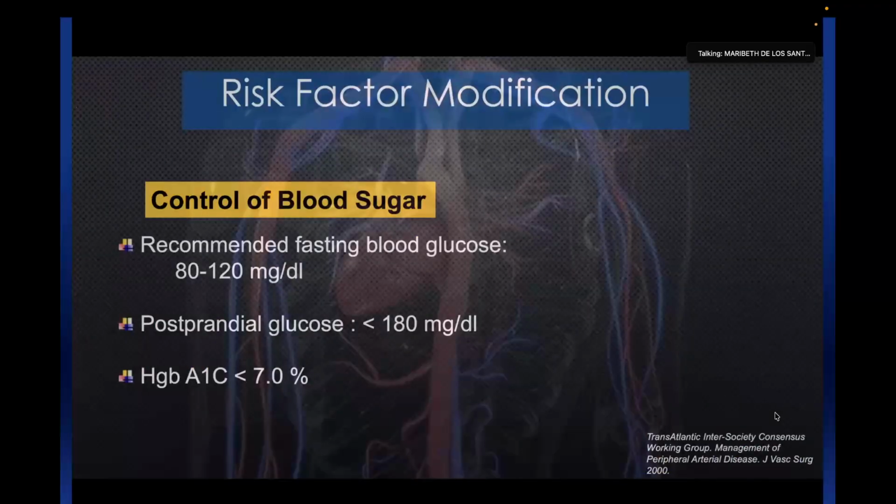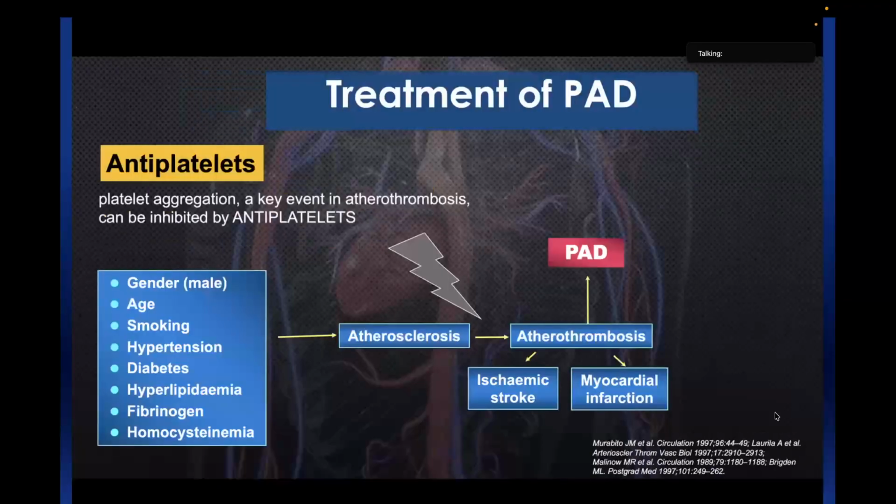For hemoglobin A1C, it should be less than 7%, with postprandial glucose below 180 milligrams per deciliter and a fasting blood sugar of 80 to 120 milligrams per deciliter. Now, antiplatelets are indicated also for patients with atherothrombosis, since it can lead to ischemic stroke, myocardial infarction, and PAD.